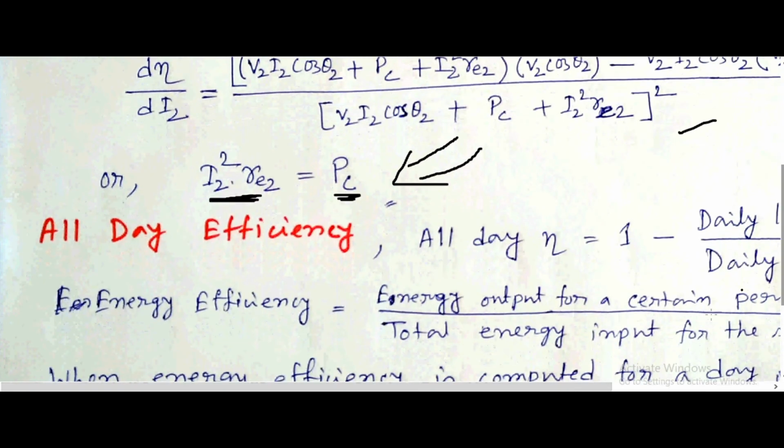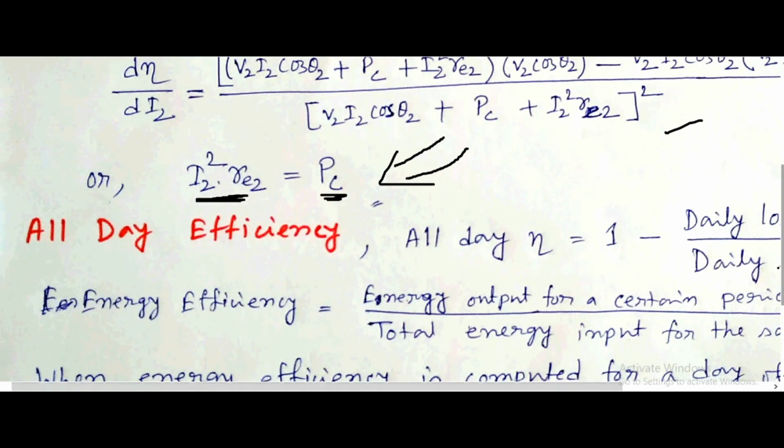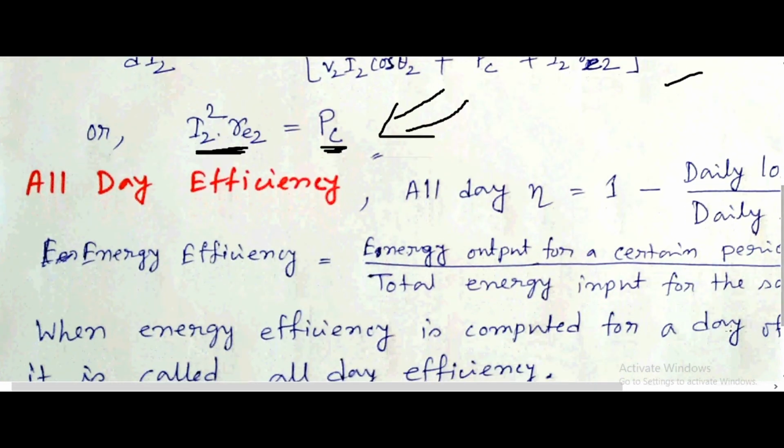All day efficiency is calculated for a distribution transformer, not a power transformer, because a power transformer operates always near the rated KVA capacity. Power transformers are generally disconnected for light load periods. A power transformer is basically designed to have maximum efficiency near its full load or rated KVA.